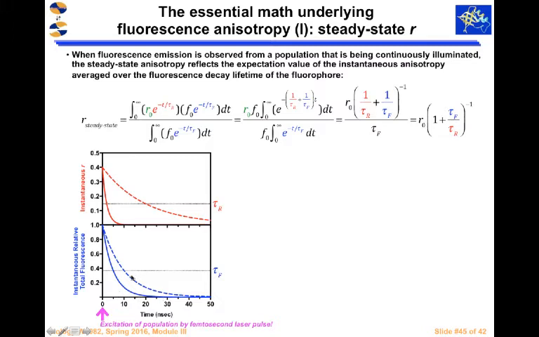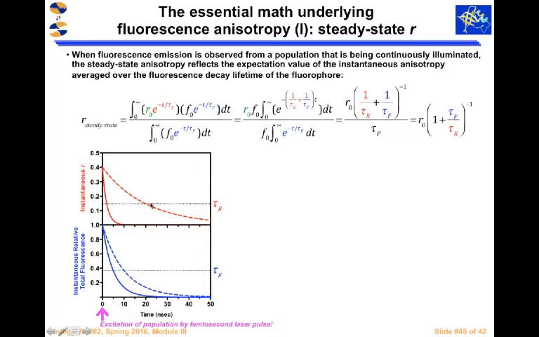So we can set this up experimentally so that we can observe that. And again, people do this. It's interesting and useful. But when we do a continuous experiment on a bulk sample, even though we're continuously exciting the fluorophores, each individual fluorophore will follow these same probability curves.